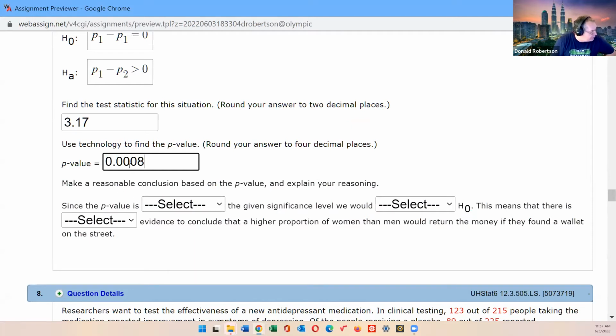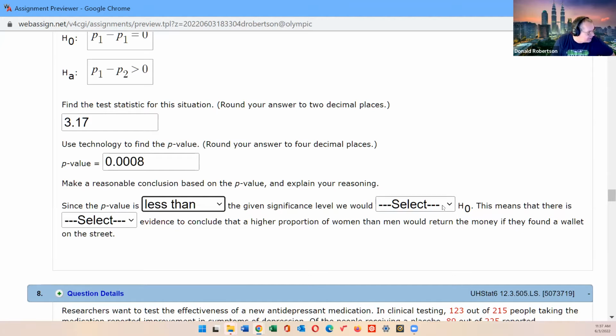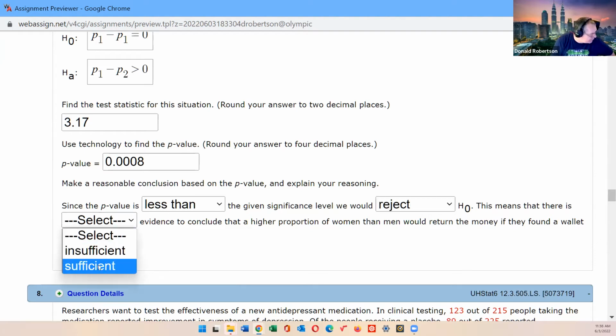Right, conclusion now. Isn't this p-value less than 0.05? Right, it's a tiny p-value. That means we can make this conclusion. Since the p-value is less than the given significance level, we can reject H naught. This means that there is sufficient evidence to conclude that women would return it more than men.